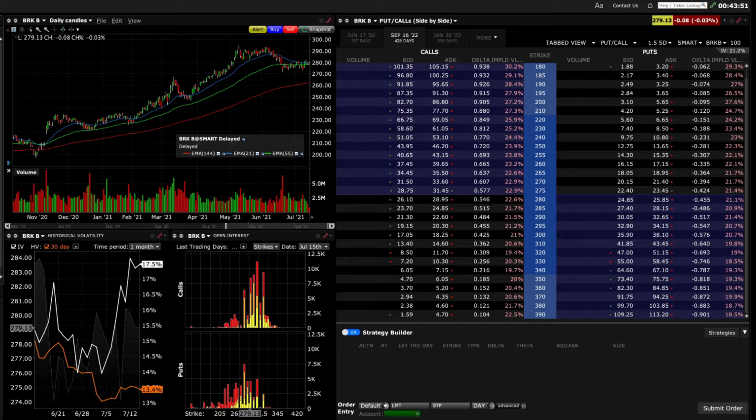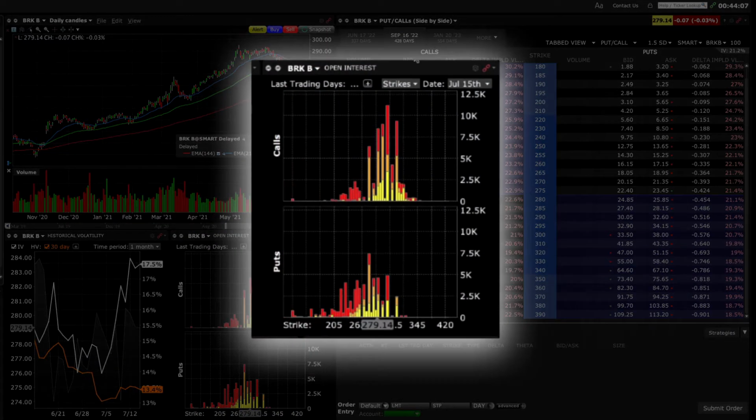So let's go over to our trading platform. I want to share about this particular tool over here, which is called the open interest. What this tool tells us is current open positions in the various options. The top part is the call options, the below is the put options, at various strike prices.